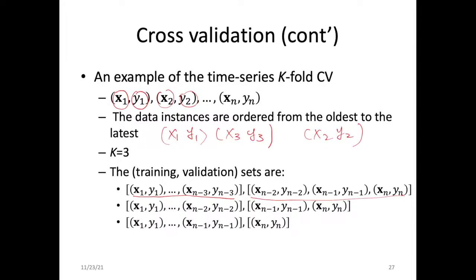Otherwise, because X3 happens in the future of X2, if you put it in the training data, it is possible that it includes some information that may help you decide the values here. So if your data is some kind of time series data set, you should put the old information in the training data and the new information in the test data.